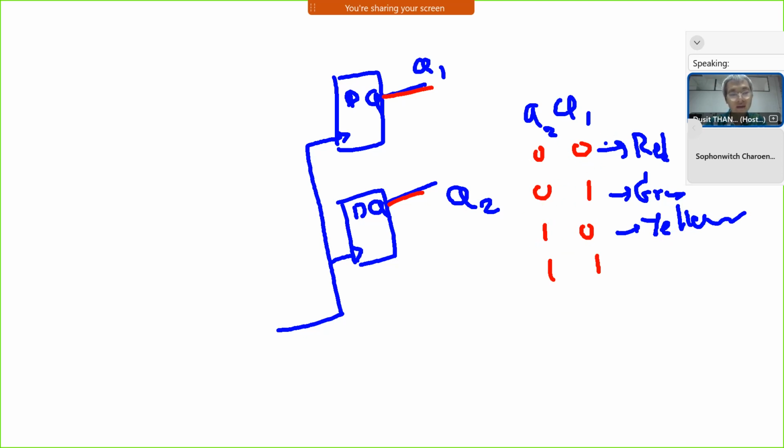For this state, at 0,0, the circuit may produce the red. Sorry, let me draw it again here. Assume this D, Q, clock.